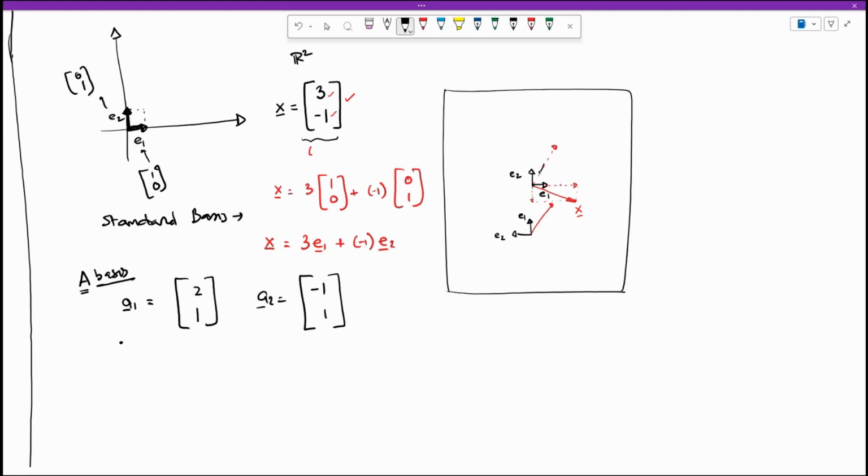Now, I've given you numbers, and I've not said anything about the basis. That means this is in the standard basis. Draw these two vectors on the same graph sheet. You've already drawn 3, minus 1. Let's draw A1 and A2.